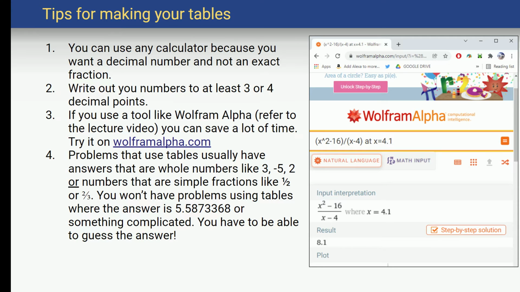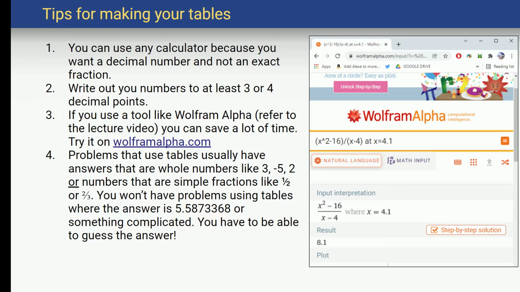You should be able to tell when you see something like 0.49999 that it's basically a half. You should know what 2/3 looks like, that would be like 0.66666. You should know what 1/3 looks like, and so on.